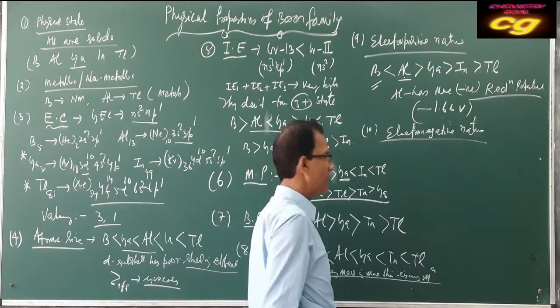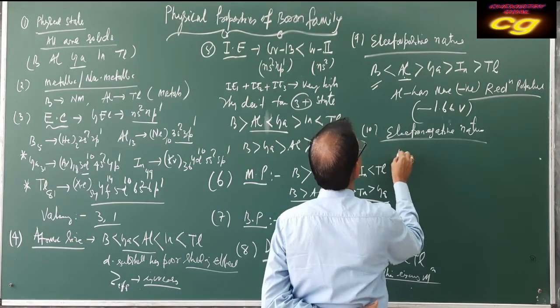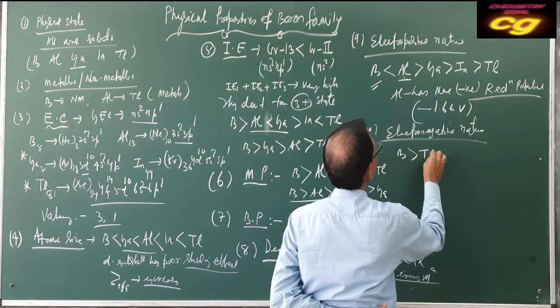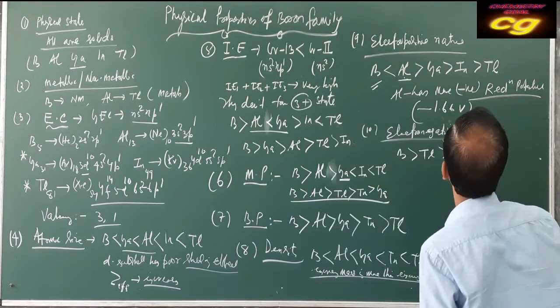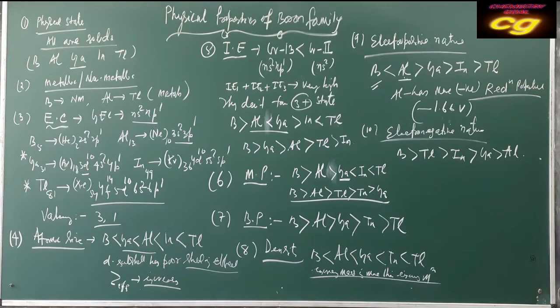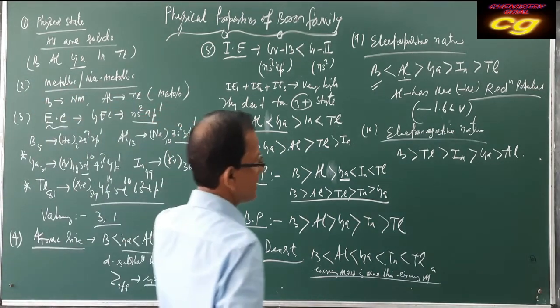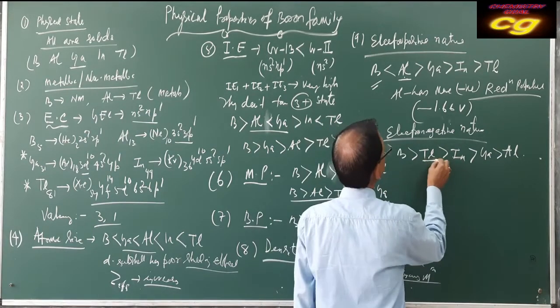Then the electronegative nature, electronegativity. The electronegativity order is that maximum is boron, then greater than thallium, greater than indium, greater than gallium, greater than aluminium. Why is thallium coming here?